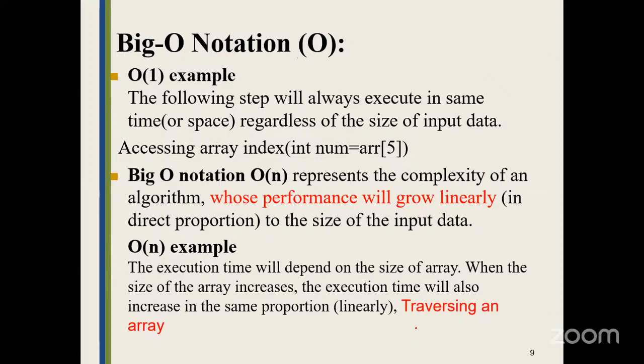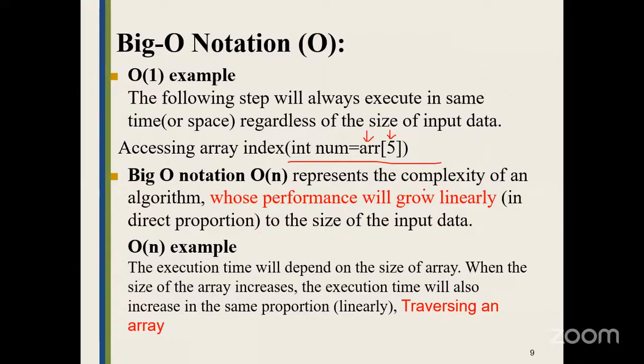For more clarity, let me give an example regarding order of 1. Say we have a statement: integer data type, number is a variable, assigned array of 5, where ARR is my array name. I created one array, and 5 represents the index value. What is the meaning of this code?